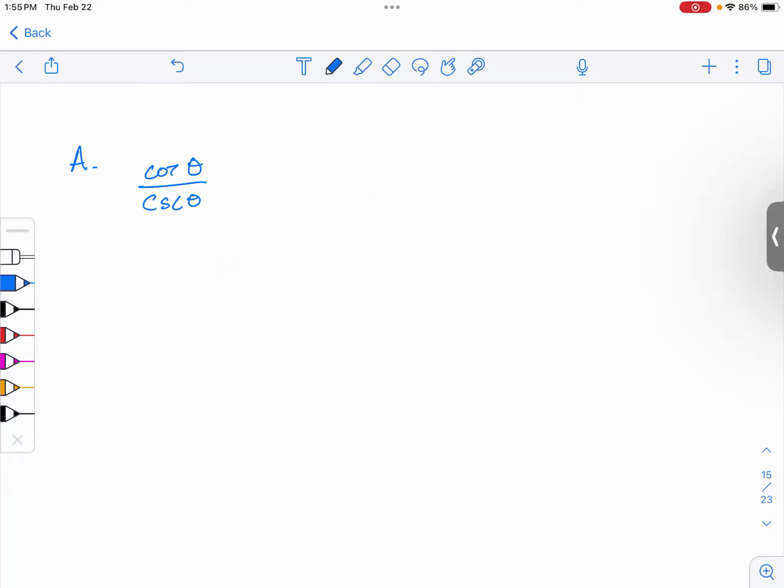So going through that list of techniques, technique 1 is convert to sines and cosines, and this looks like the definition of that, right? Cotangent is sines over cosines. Cosecant involves sines and cosines. So cotangent is specifically cosine theta divided by sine theta, divided by cosecant, which is 1 over sine theta.